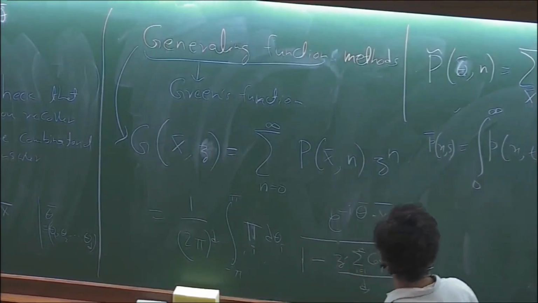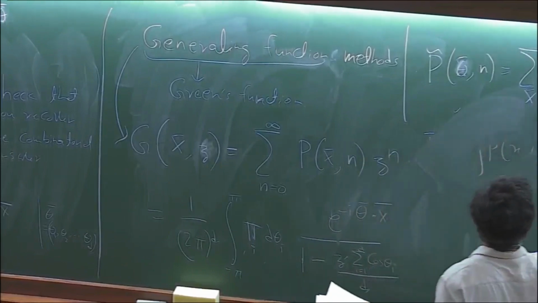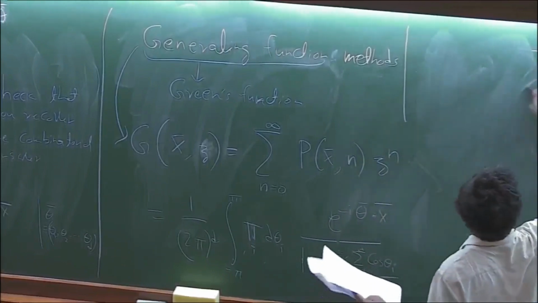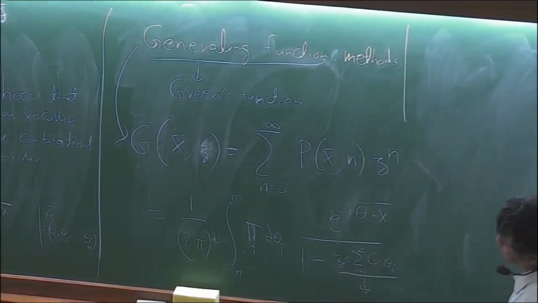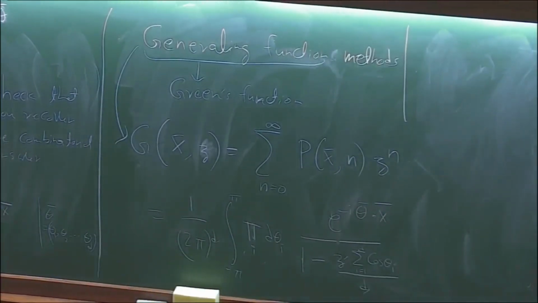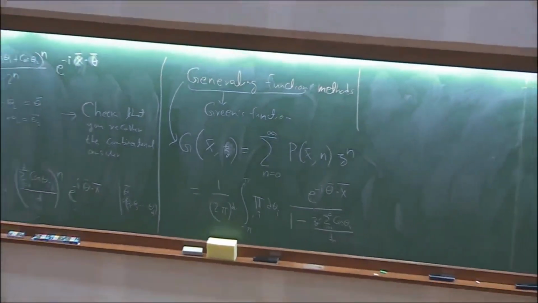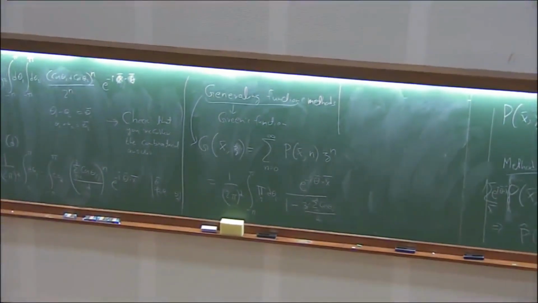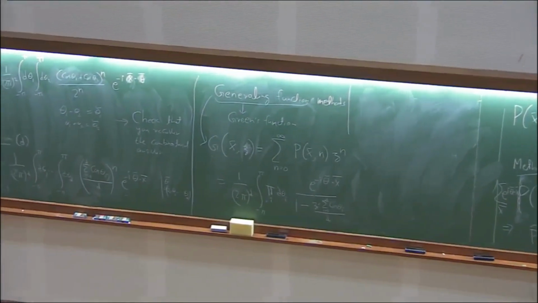The other thing you can do is start from this equation and, just like we did for the Fourier series, multiply by z to the power n and sum over n equal to 0 to infinity.